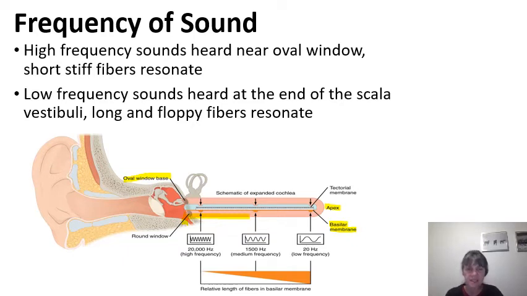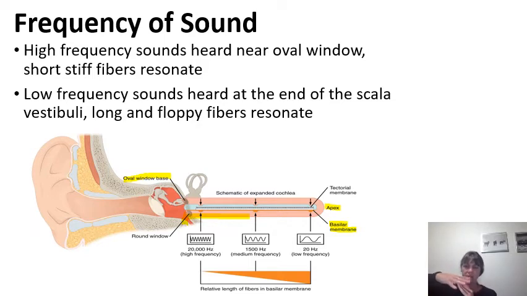Here we can see the displacement of the membrane of the scala vestibuli, which ends up displacing the basilar membrane, which is attached to the scala tympani. And it's that displacement that causes the tiny little stereocilia, which are embedded in the tectorial membrane, to bend.